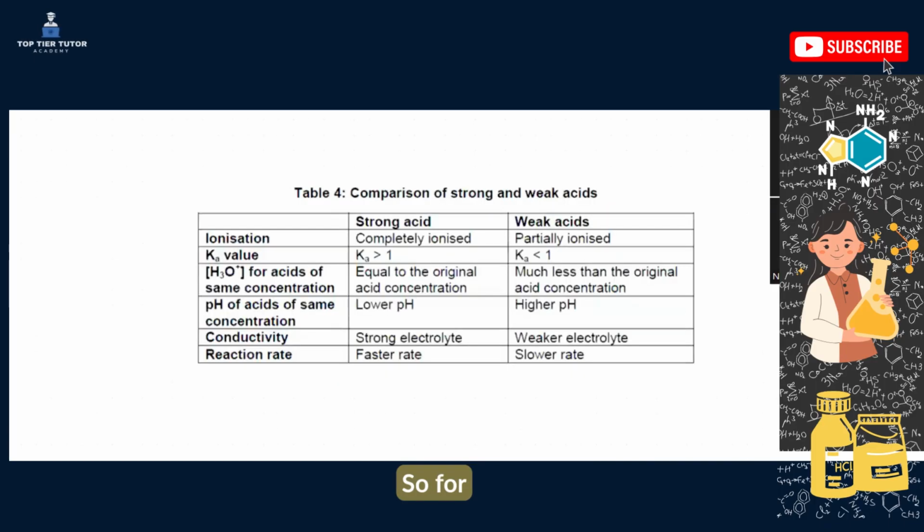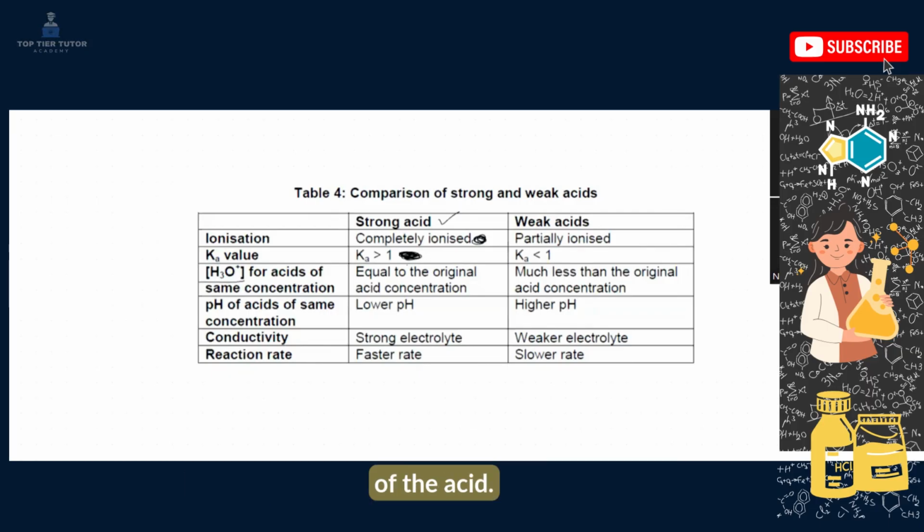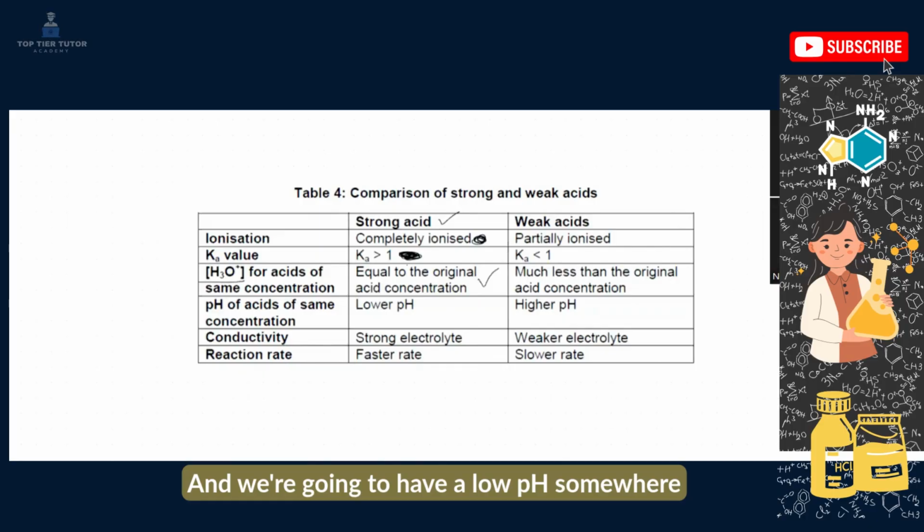So for a strong acid, we're going to say it's going to ionize completely. Therefore, it's going to have a very large Ka value, and the concentration of your hydronium will be equal to the concentration of the acid. And we're going to have a low pH, somewhere around 1, 2, and 3.